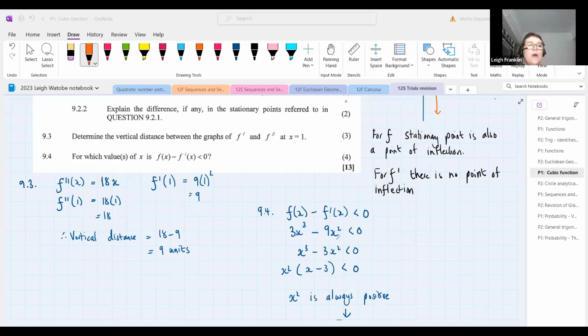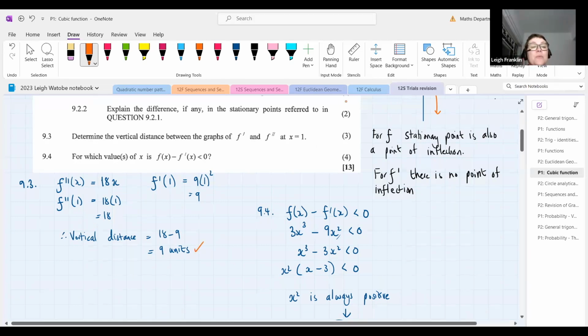What I didn't show you guys was the answers or where the ticks would be for 9.3. All right. So obviously there would have to be a tick on our answer. I imagine that there would have to be a mark on the first derivative and on our second derivative.